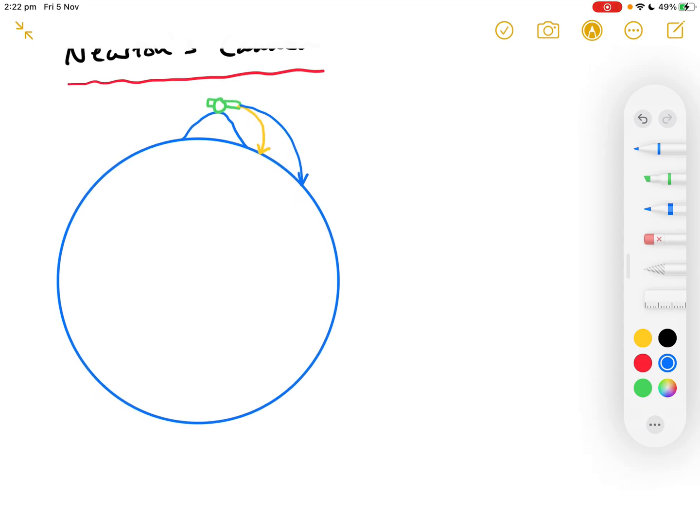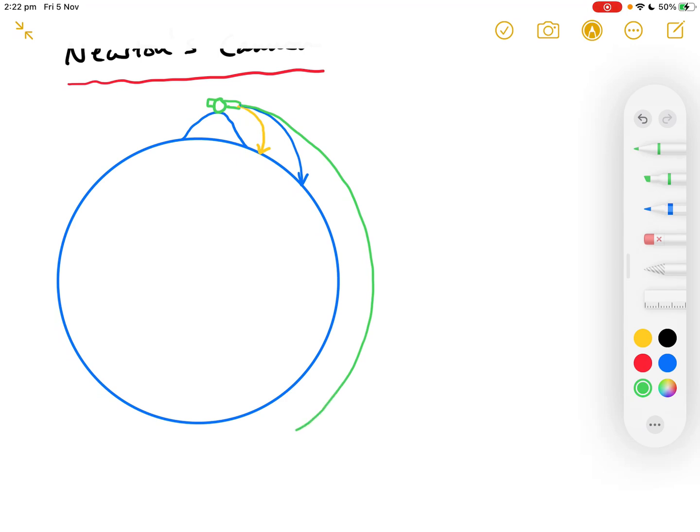Now what Newton then deduced and reasoned was that if the cannonball came out at just the right speed, then it would follow a parabolic trajectory, which was in fact a circle.